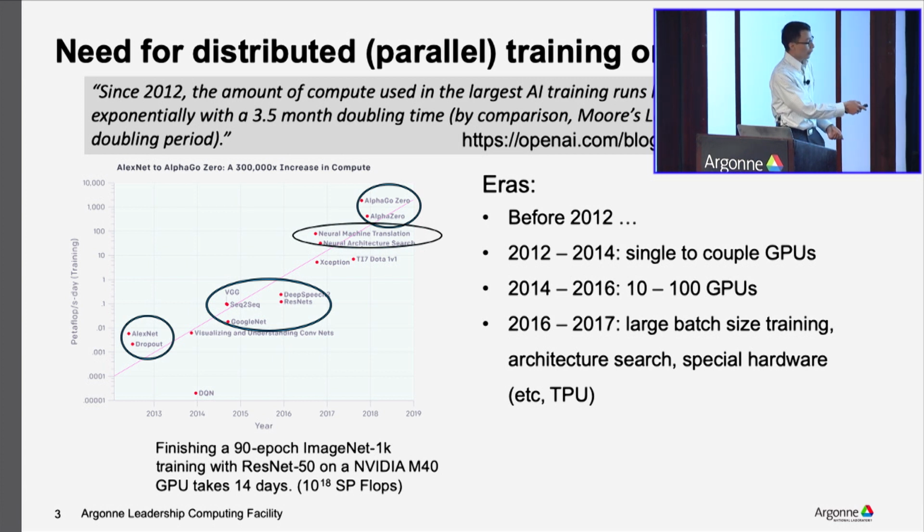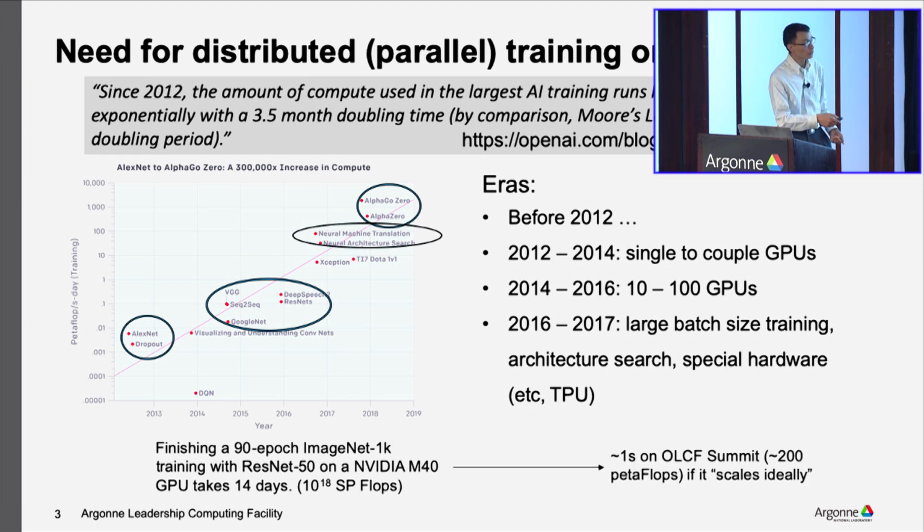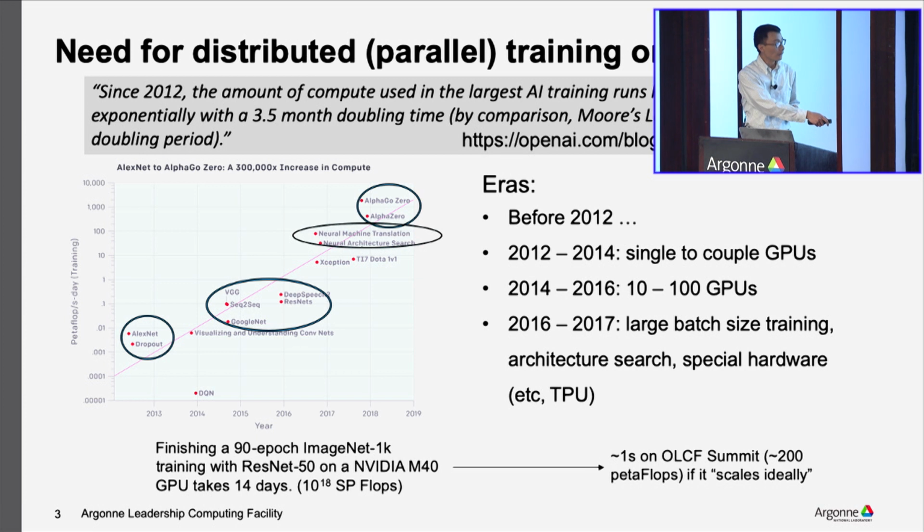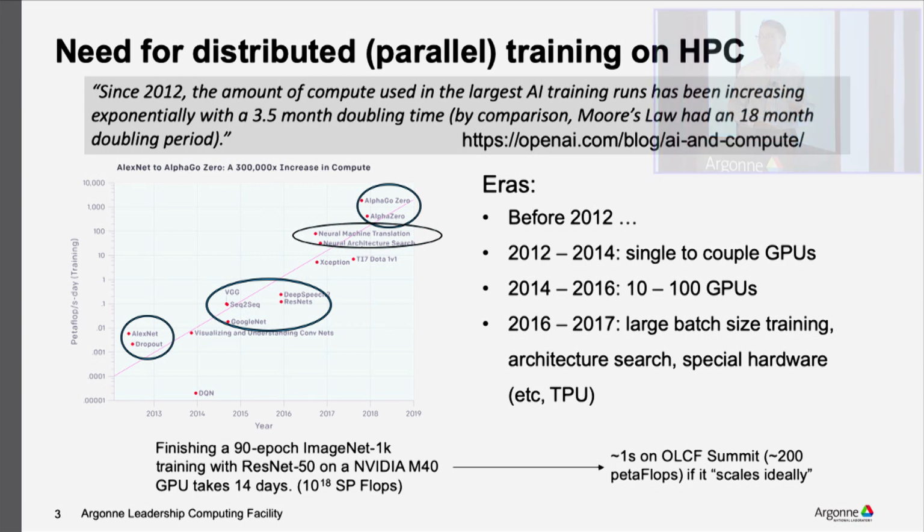If we put this problem on the most powerful supercomputer we have today, which is Summit at Oak Ridge National Lab, with 200 petaflops of performance in double precision and several exaflops in mixed precision, then in principle, if everything scales well, we should be able to finish the training in the order of 1 second.